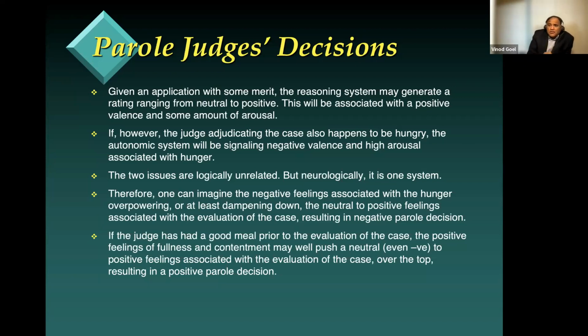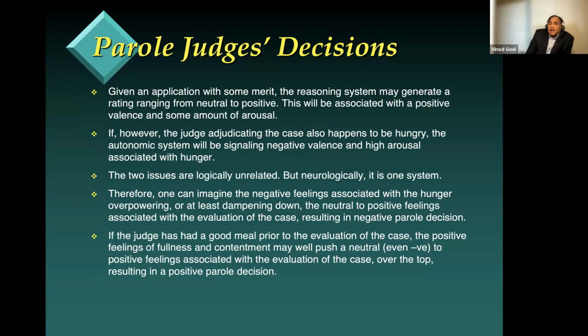The two issues are logically unrelated, but neurologically it is one system. Therefore, one can imagine the negative feelings associated with the hunger overpowering or at least dampening down the neutral to positive feelings associated with the evaluation of the case, resulting in a negative parole decision.